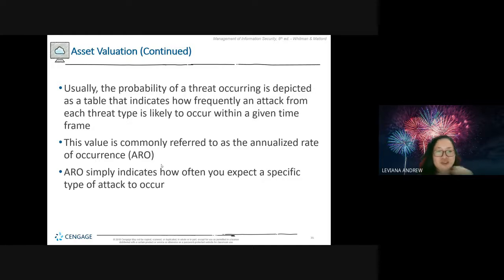Let's say natural disaster, how many? Fire, lightning, flood. So natural disaster also has many types. And then what else? Vandalism, sabotage, virus, all of these are each a type.